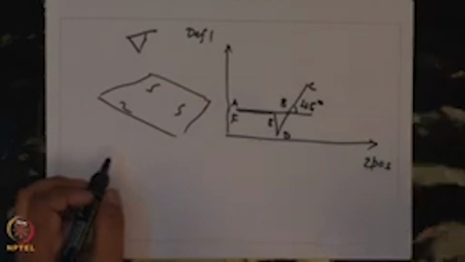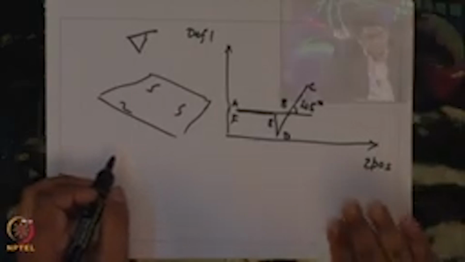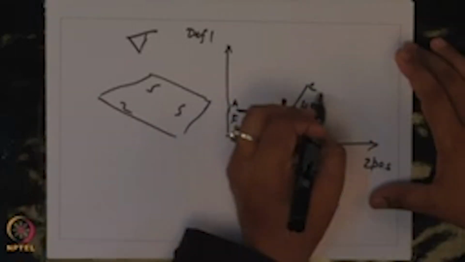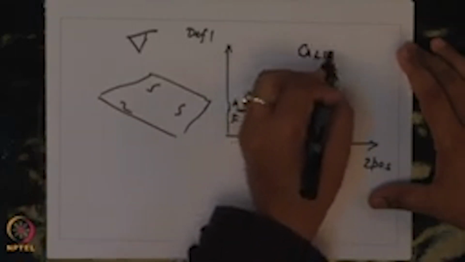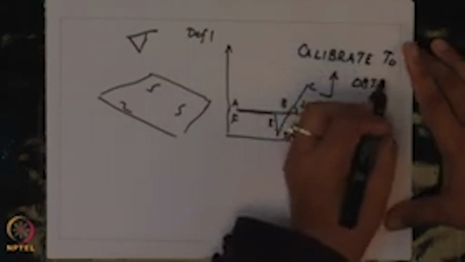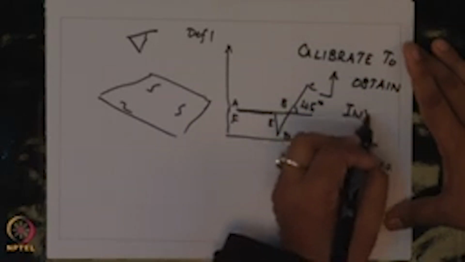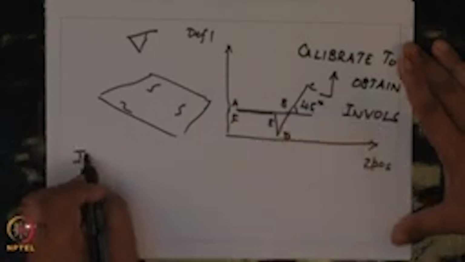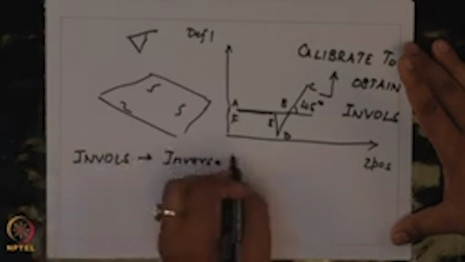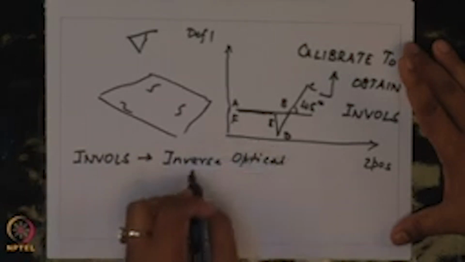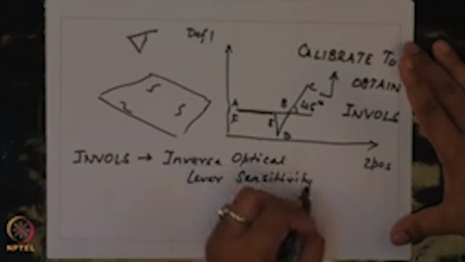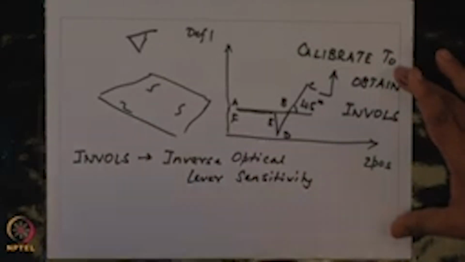Why? Because the distance by which you move further is the same distance by which the tip gets deformed. So, your deflection, and this is how you calibrate to obtain the inverse optical lever sensitivity.